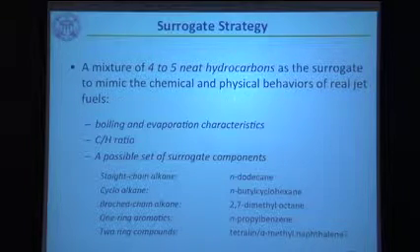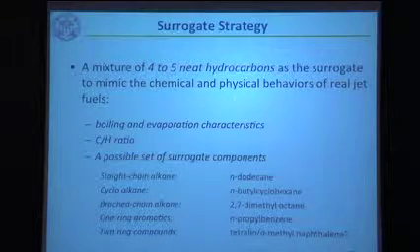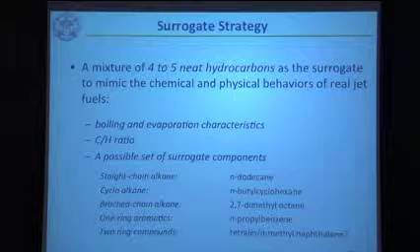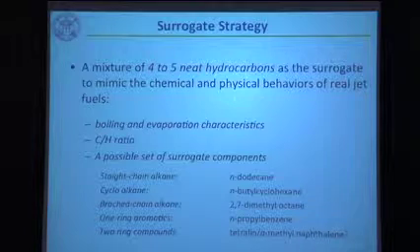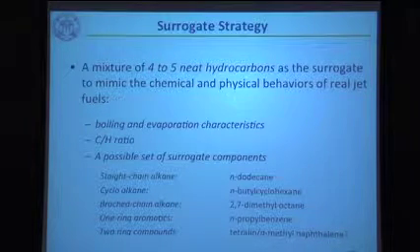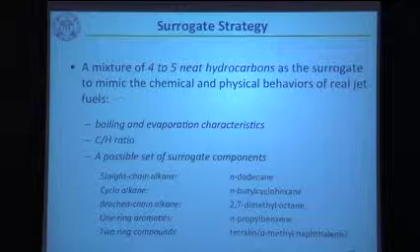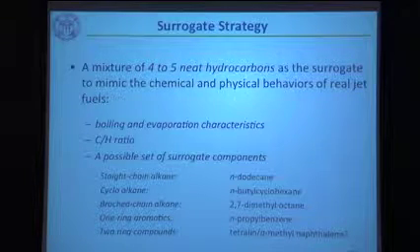So for us, there was an effort several years ago developing this surrogate strategy for jet fuels. Princeton was a major part of this effort, and we have our effort centered on the west coast.